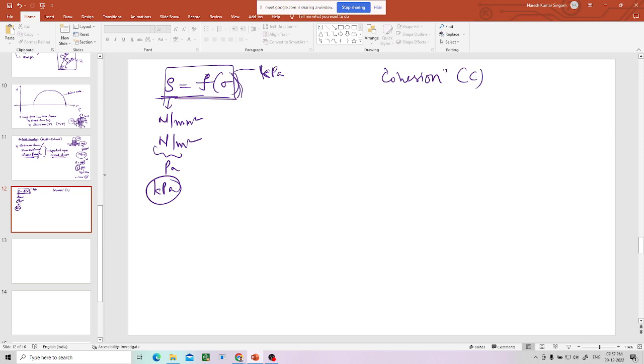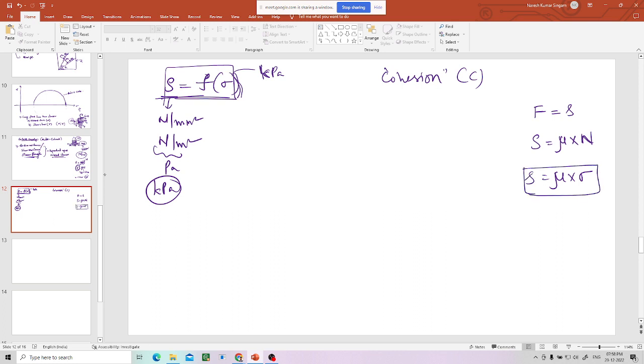Now see how this is related. S equal to function of sigma. What did we tell just now about the block? F is nothing but S, right? Shear strength or frictional resistance. Now in that case, S equal to mu into normal force, or you can say S equal to mu into sigma, right?